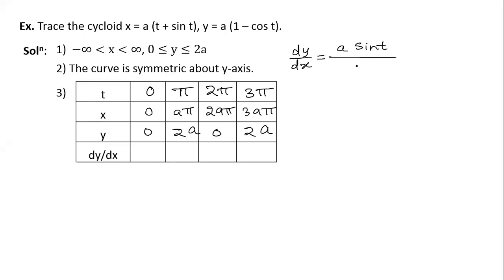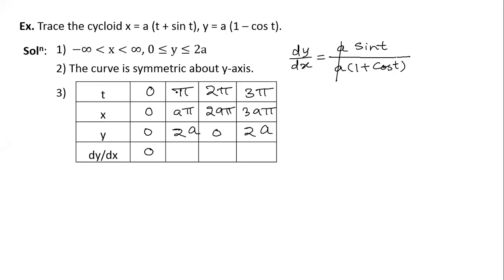dy by dt is a times sin t. Similarly, dx by dt will be a times (1 plus cos t). Again, you can use the multiple angle formula and simplify, but I am going to keep this as it is. When t is equal to 0, dy by dx is equal to 0. So we can understand the curve passes through the origin and the tangent at the origin is parallel to the x-axis.